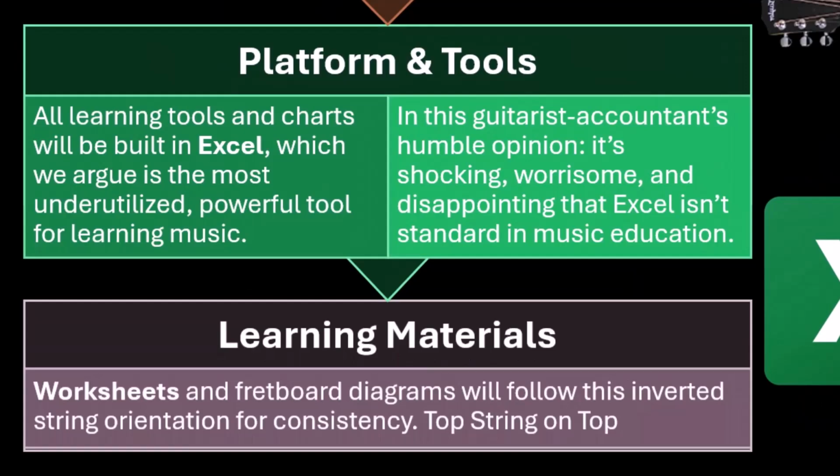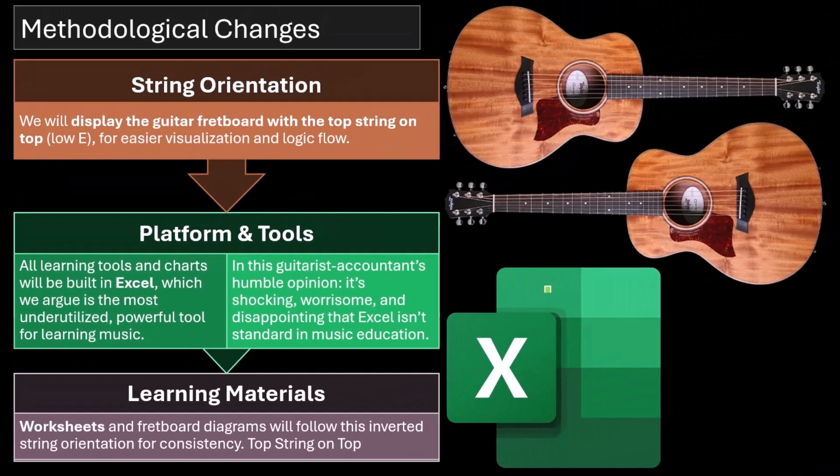All right, anyways, learning materials, worksheets, and fretboard diagrams will follow the inverted string orientation for consistency. So in other words, when we look at guitar music, note that if you're learning something like classical piano, you're going to learn sheet music, which is very specific. It's designed to express exactly what the person wants you to do.